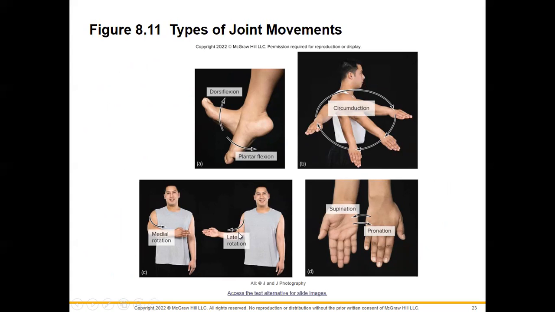Rotation is when you just move the arm. So this joint is not moving in this big circle. It is literally rotating in and out along its axis. That is rotation.